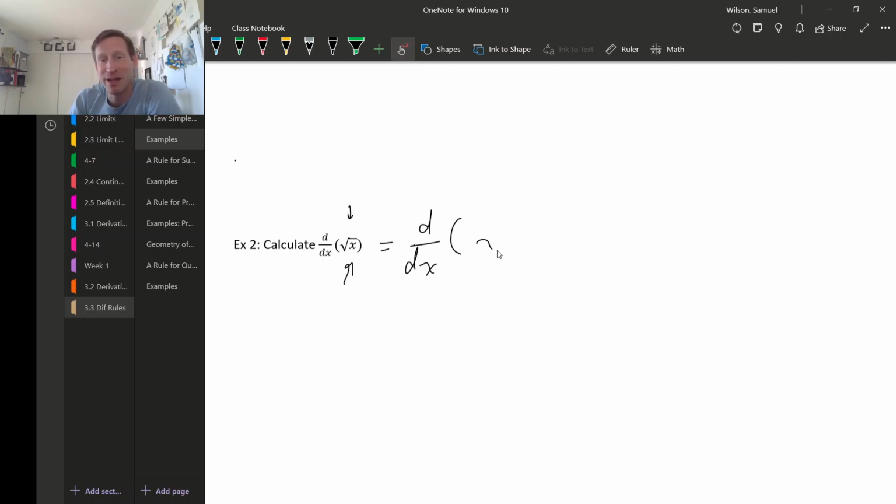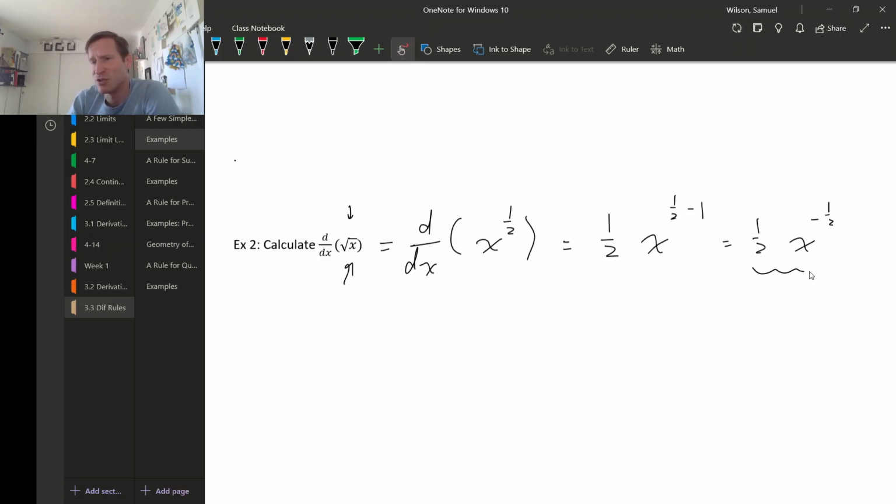And we can rewrite the square root as a power of 1/2. So the power rule says that the old power comes down in front as a multiple, and then we subtract 1 from the exponent. So this is 1/2 times x to the minus 1/2.